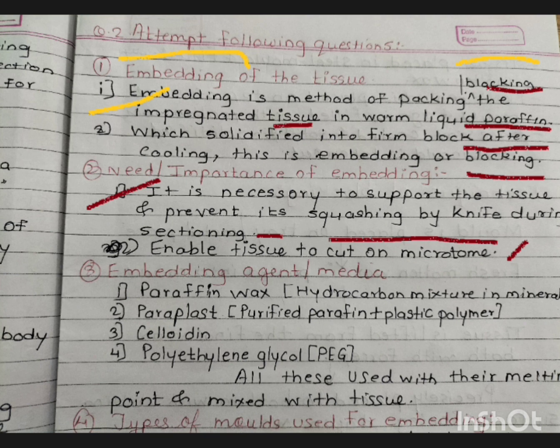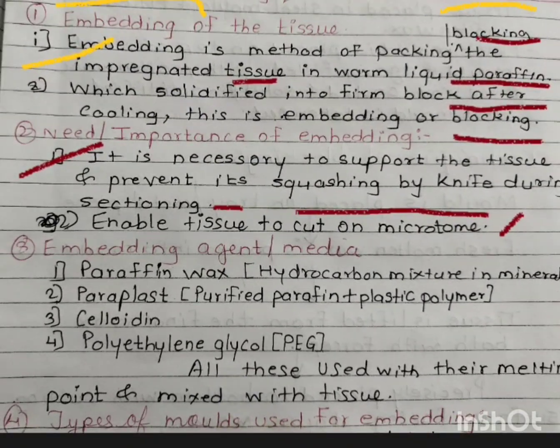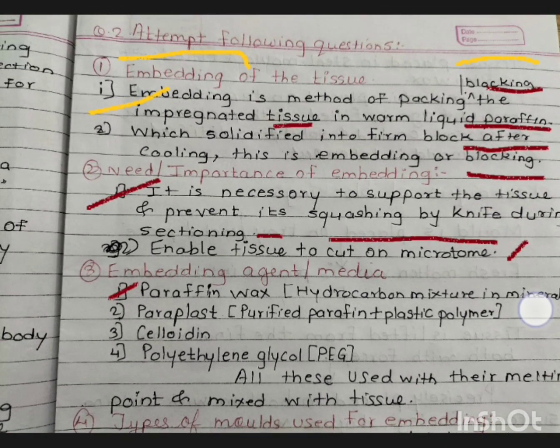One well known and mostly used medium for embedding is paraffin wax. Paraffin wax is a hydrocarbon mixture in a mineral oil. Then next is paraplast, which is a purified paraffin plus a plastic polymer.